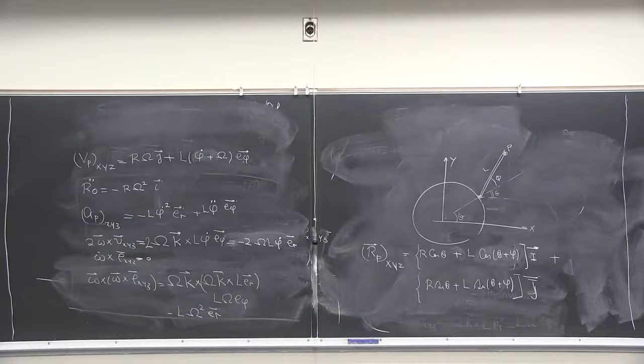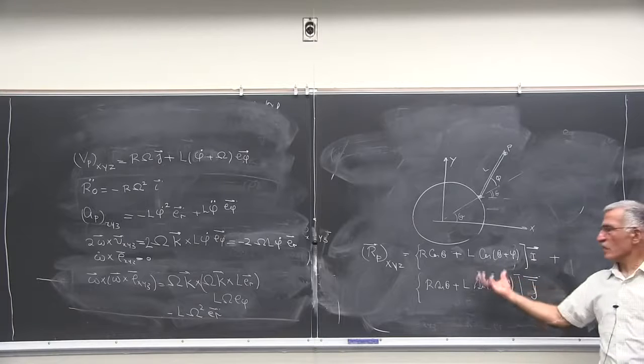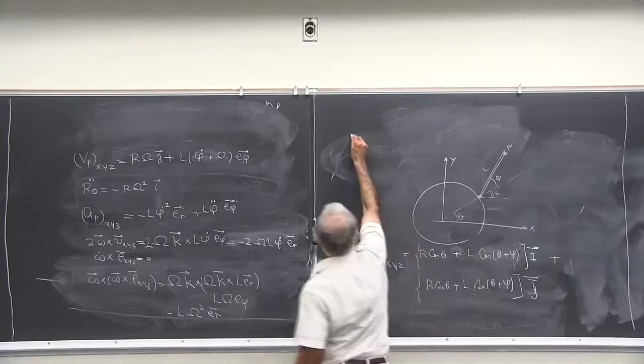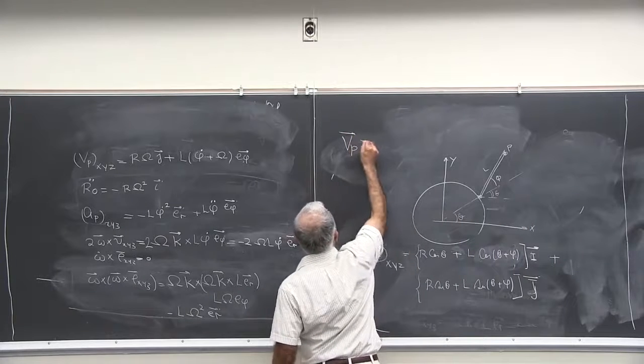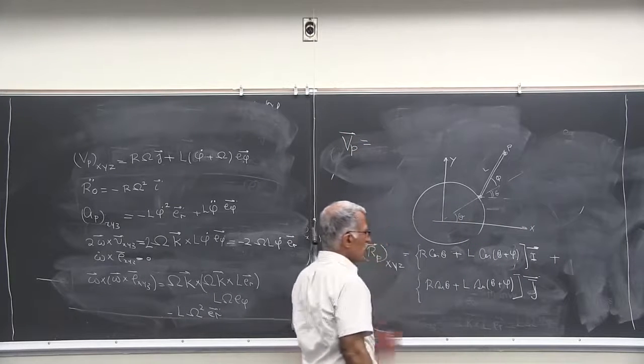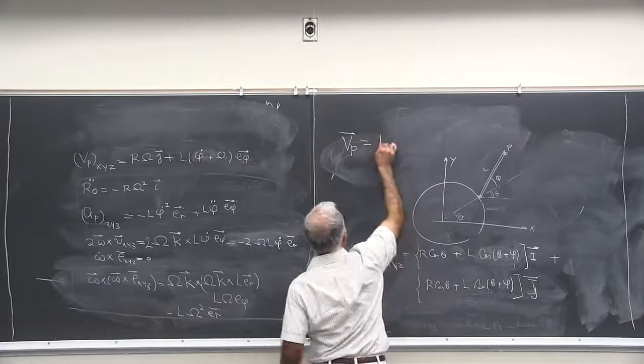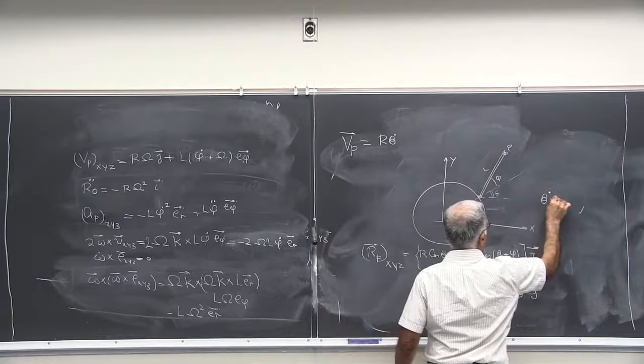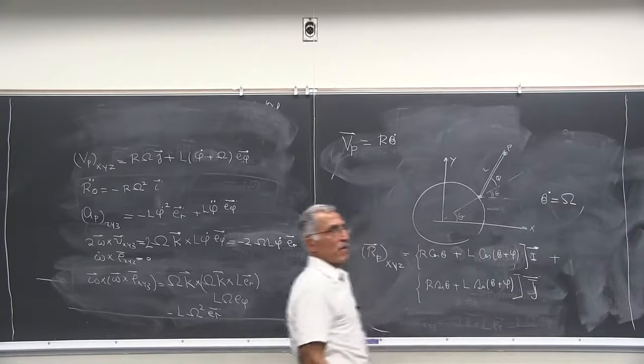Now, if you are interested in velocity, you simply take the derivative of this expression, and of course your capital I and your capital J never change. The only things changing are these terms. So the velocity of point P is equal to r theta dot, and we know that theta dot is omega.